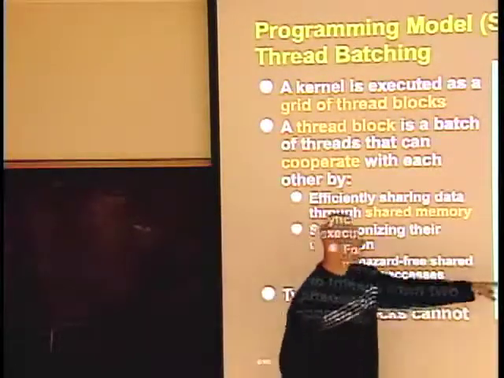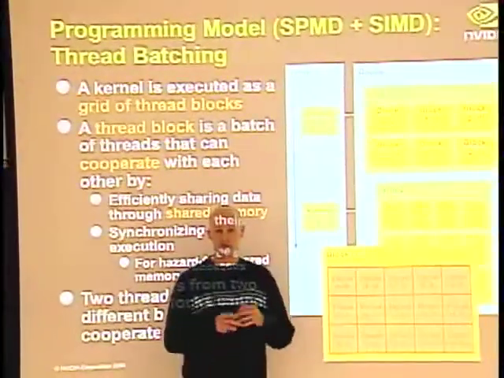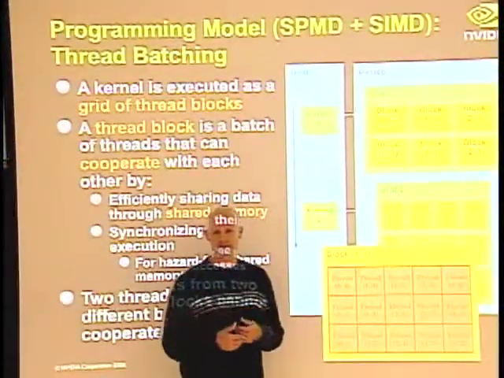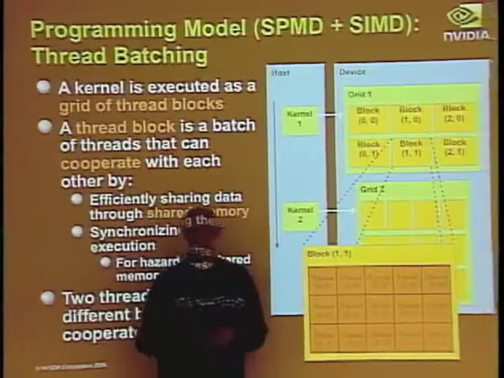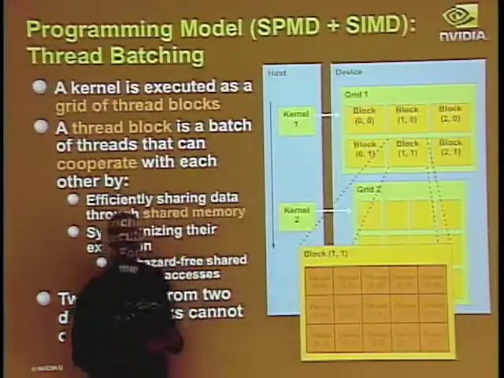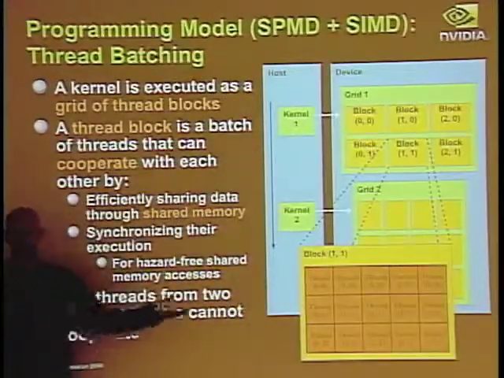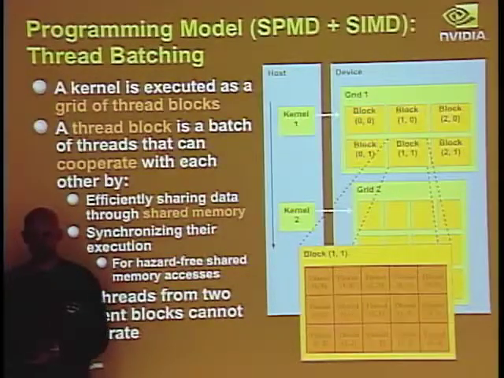Every thread knows which thread it is within a block, and it knows which block it is within the grid. So if you're doing 2D computation, it probably makes sense for you to have a 2D grid. It's just for mapping into the array or whatever your data structure is? Sure. So it's very data structure dependent. If it doesn't matter to you, then do everything as 1D, and it's probably easier. But if you're dealing with 2D structures, then it makes sense to have 2D grids and 2D blocks.